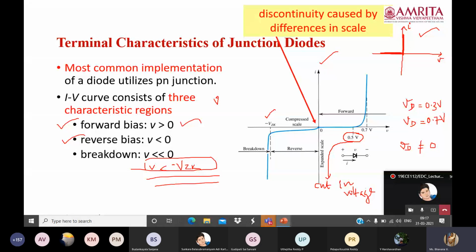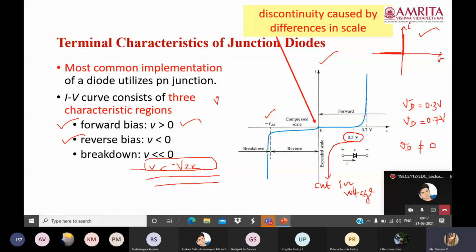After this cut-in voltage, the current I increases rapidly.